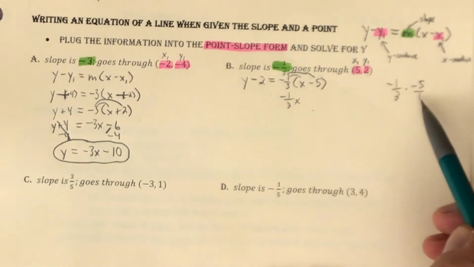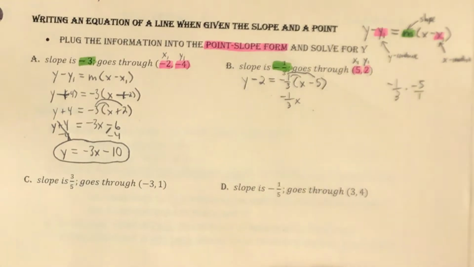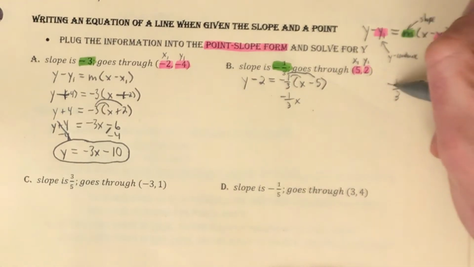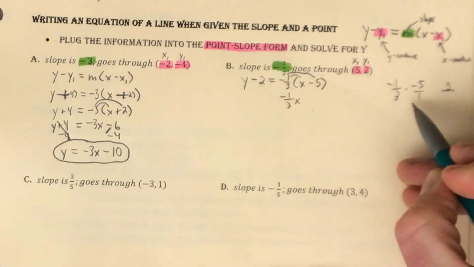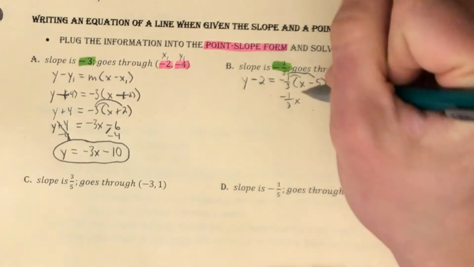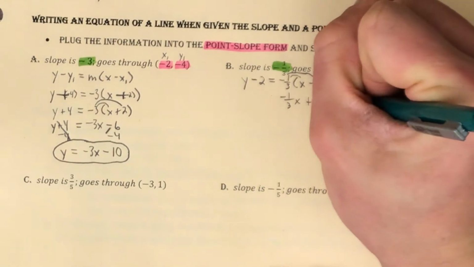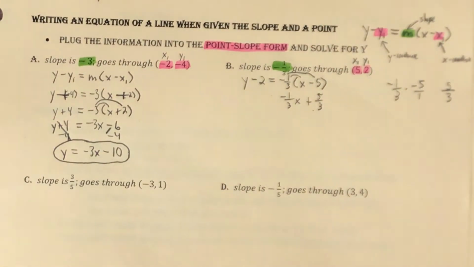I'm going to look diagonally. Nothing to simplify here, nothing to simplify here, so I need to multiply straight across. Negative 1 times negative 5 is positive 5, and then 3 times 1 is 3. So that becomes a positive 5/3. Which isn't super pretty, but that's what it is.